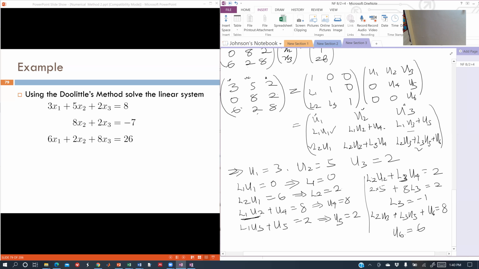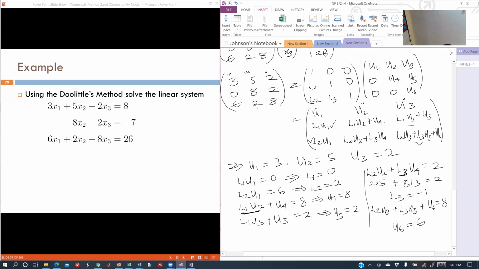So from that, we can write our matrix. In place of L1, you put the value of L1 there, which is 0. In place of L2, you put the value of L2 there, which is 2. In place of L3, you put the value of L3 there, which is negative 1.